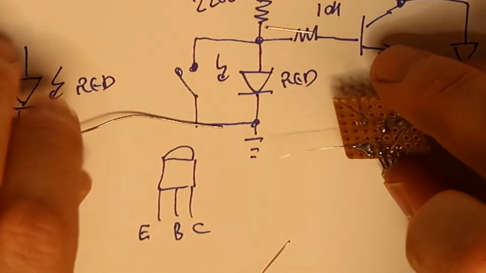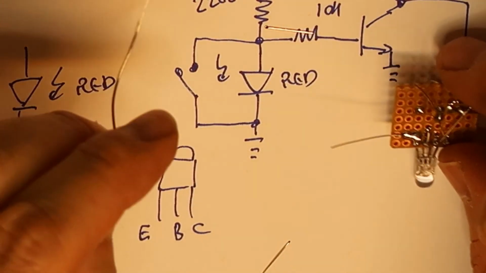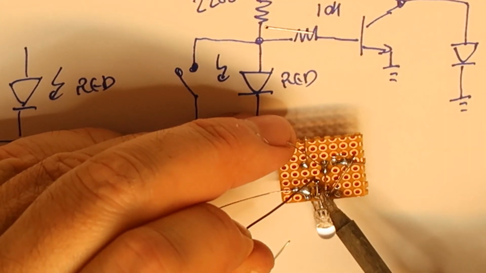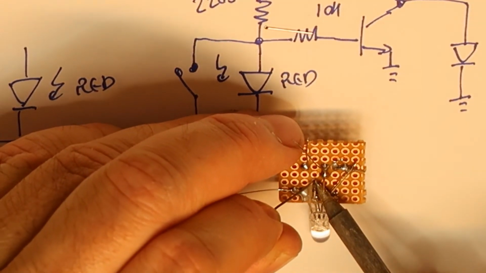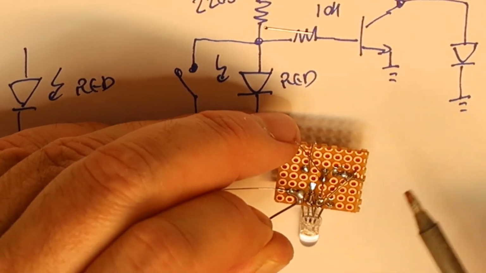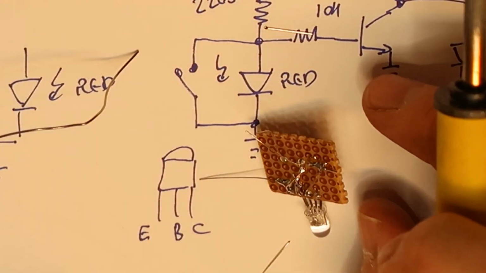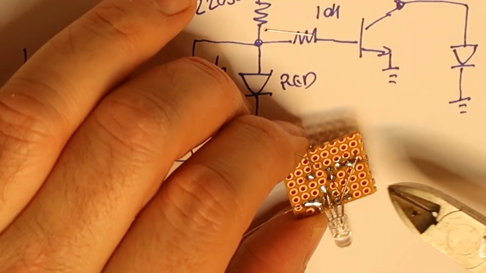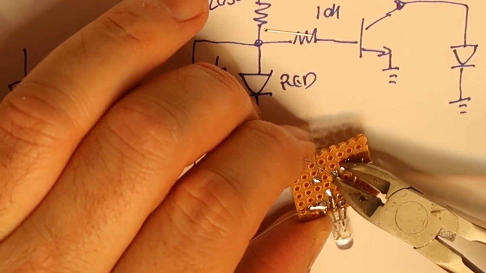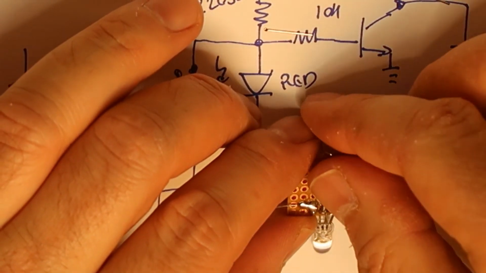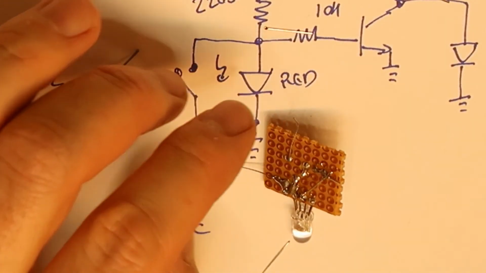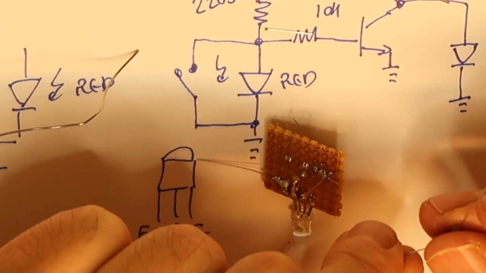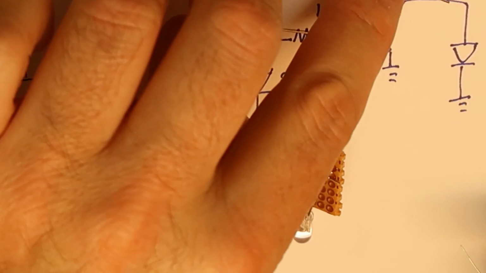Okay, I will put some more solder here to make it better connected. Okay, the short no longer exists, so I think we are good. So now I have only a few other things in order to close everything. Of course, I need from the collector this resistor to the VCC here.